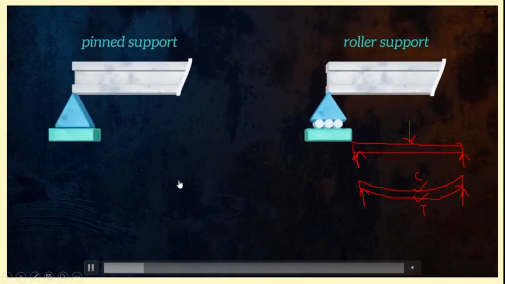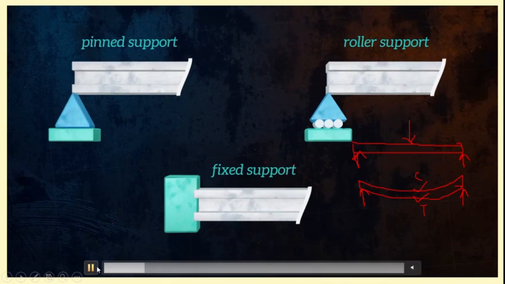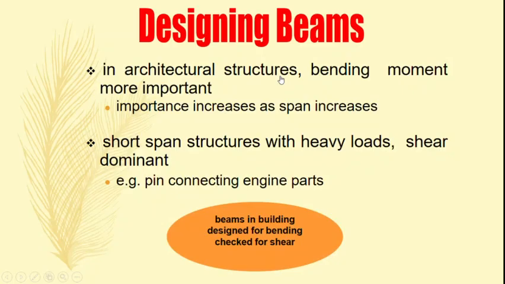These are the different types of support. We discuss this later. Now in case of design of beam under this strength criteria, in architectural structures, bending moment is more important. Why is bending moment more important?